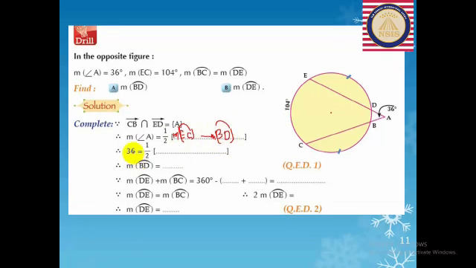So 36 equals half of EC, which is 104, minus BD, which I don't know. And I'm going to solve it. Times 2, it will give me 72. So this will be 104 minus 72, which equals 32.